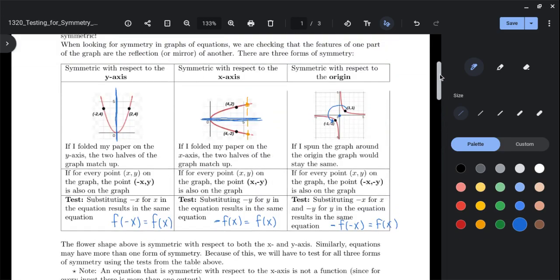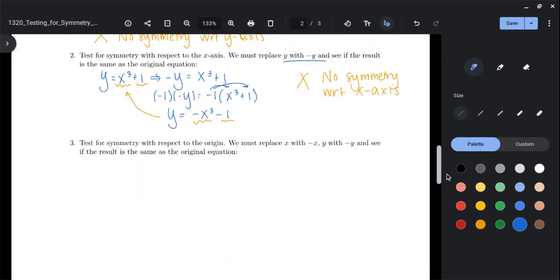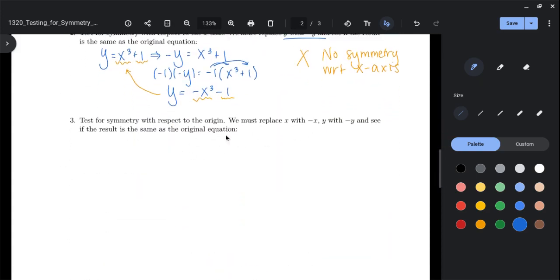So remember, consulting our table, to test for this type of symmetry, we're substituting negative x in for x and negative y in for y. Again, starting with my original equation of y equals x cubed plus 1. Now I'm going to plug in negative x for x and negative y for y.